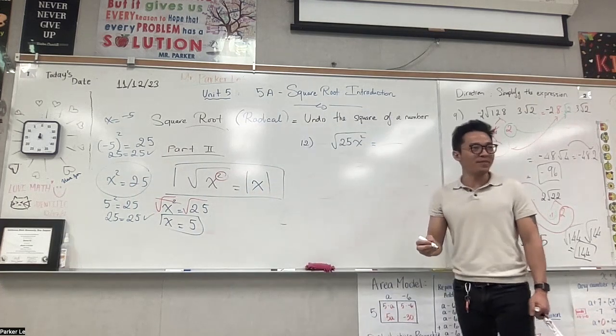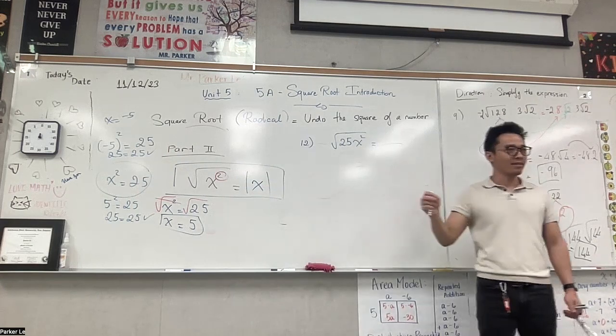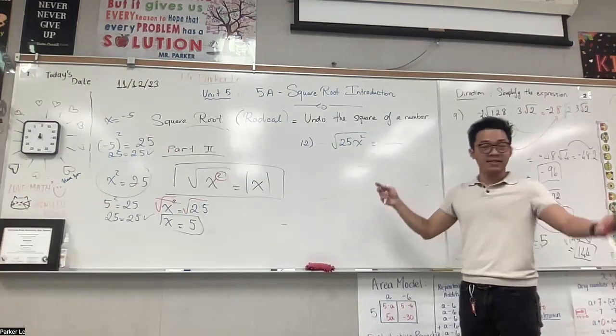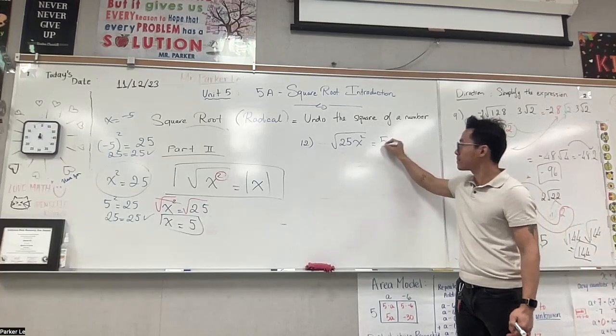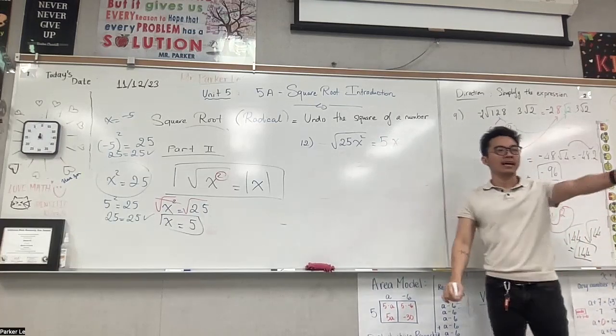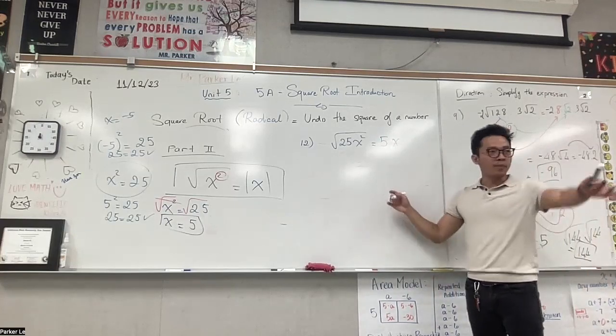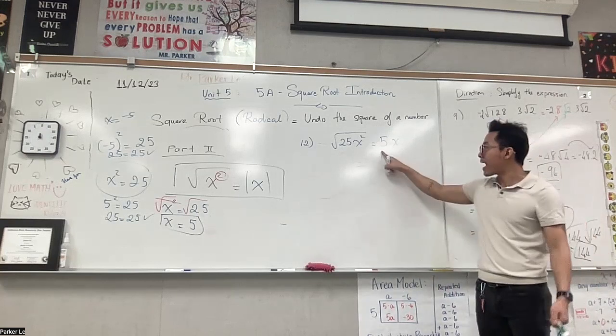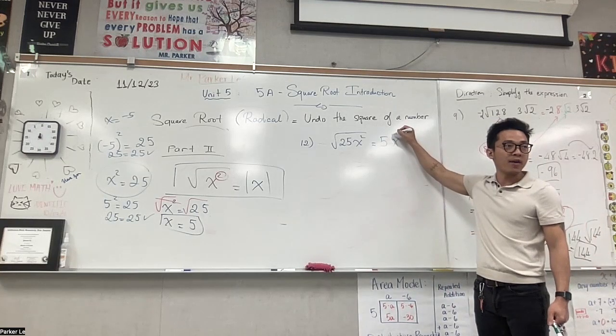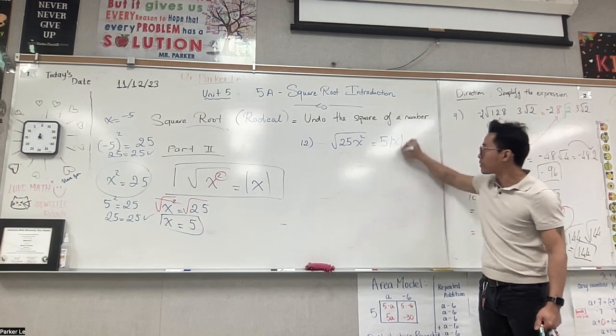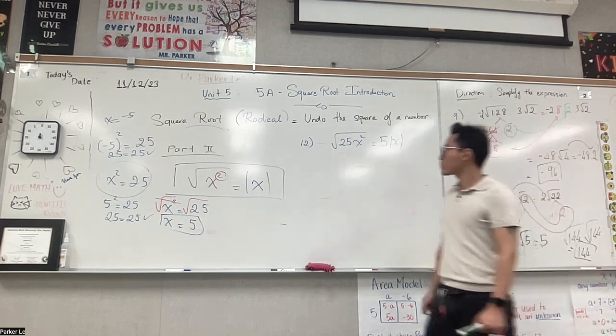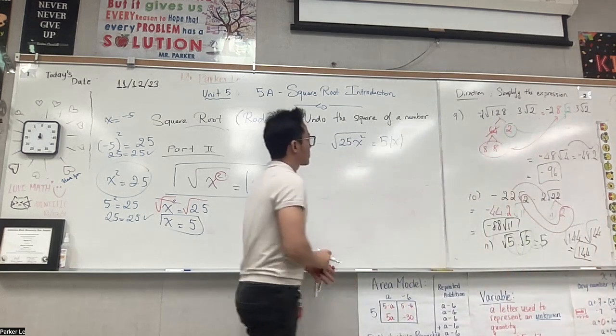Where GCD came from? Out of nowhere. 5x. Yeah. Missing. Absolute value of x. Okay. Why not the whole?